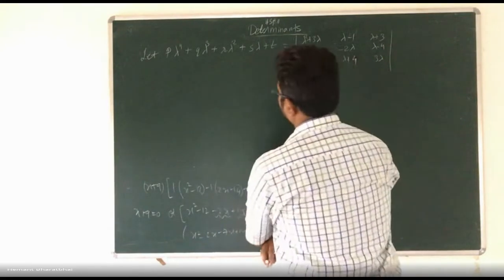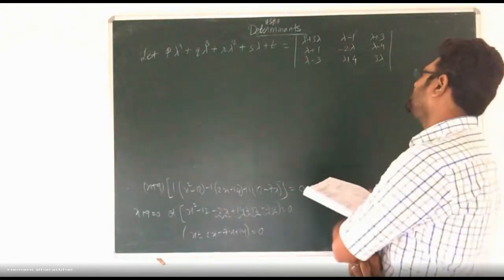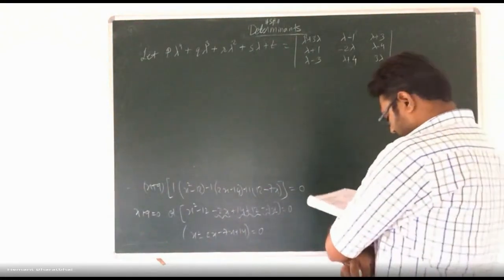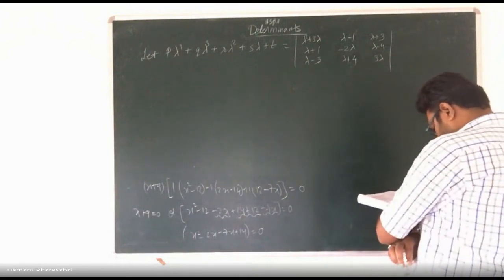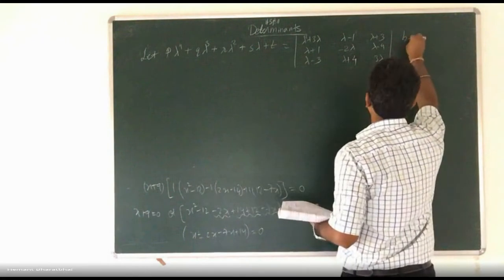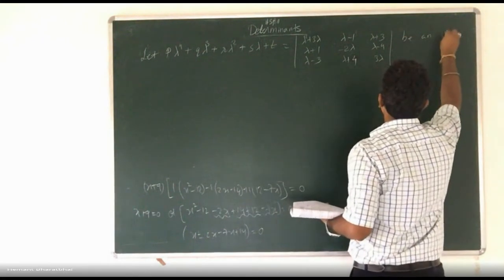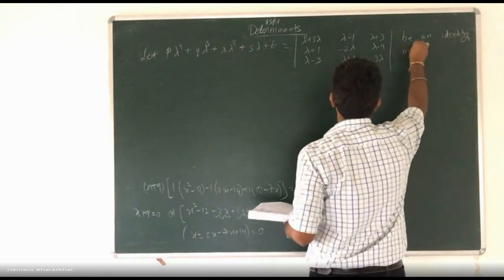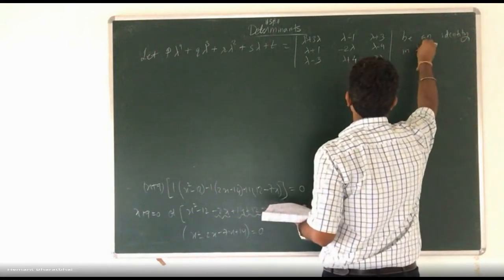Let P lambda raised to 4 plus Q lambda cube plus R lambda square plus S lambda plus T equal the determinant be an identity in lambda.